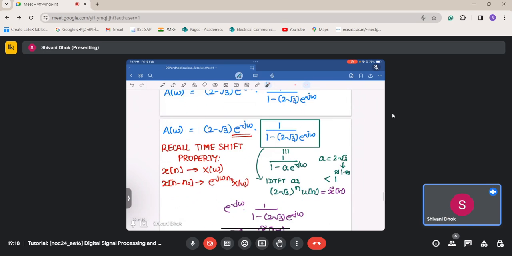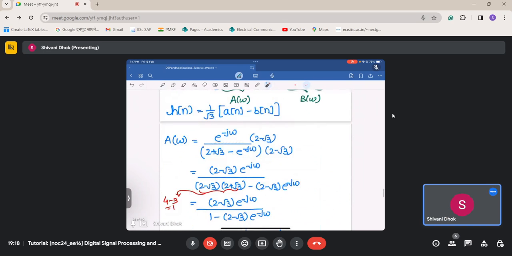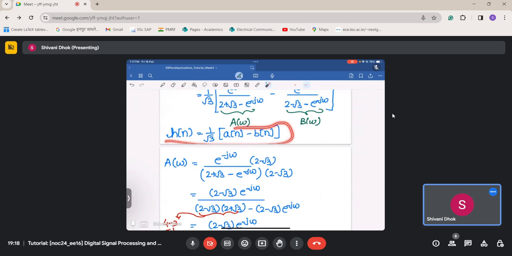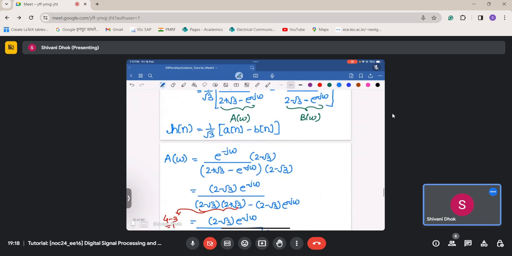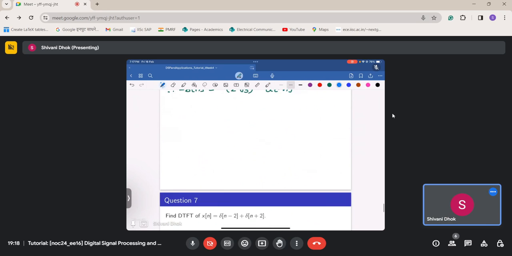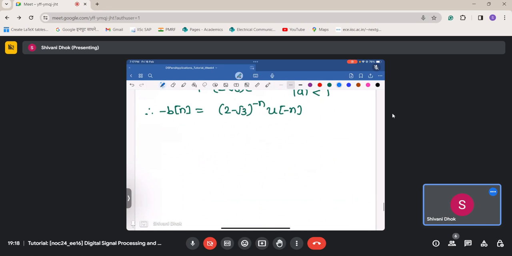So let us substitute it in this equation that we need to find out. So what we need to find out is h of n is equal to 1 by root 3 multiplied by a of n minus b of n.